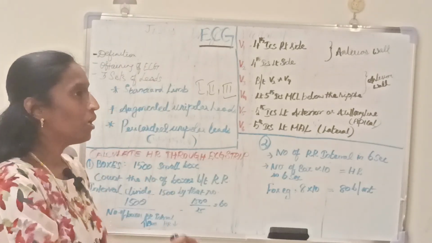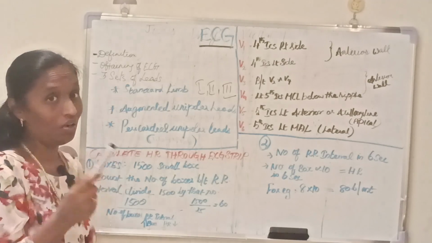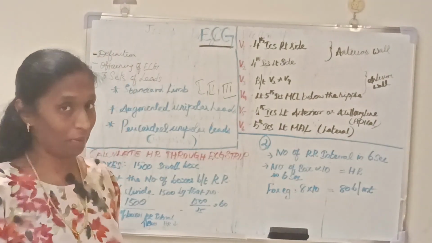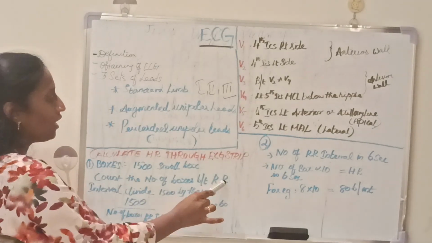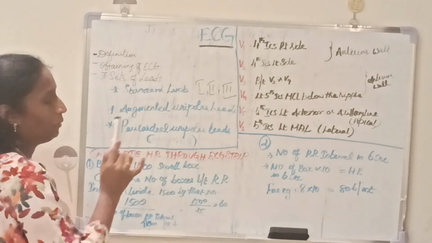In the first, boxes method, there are 1,500 small boxes in an ECG strip. Count the number of boxes between the RR interval and divide 1500 by that number.